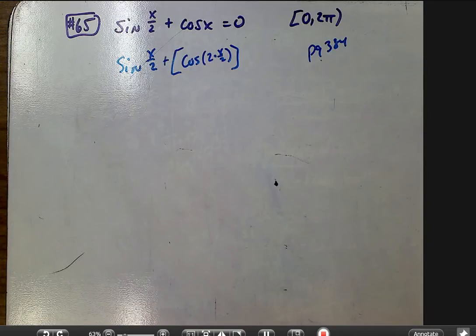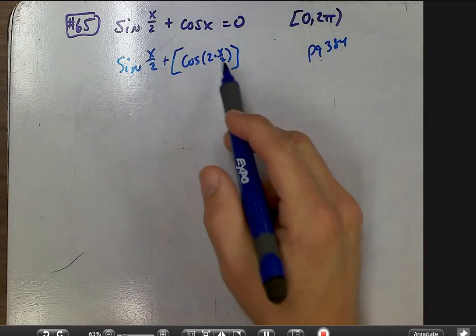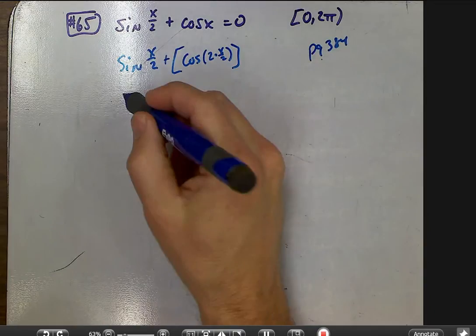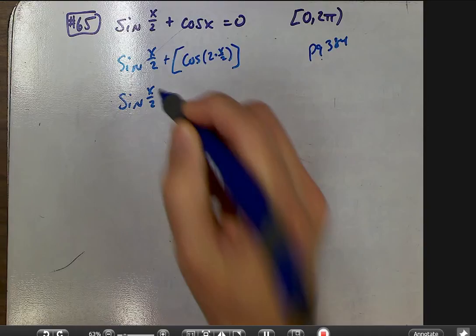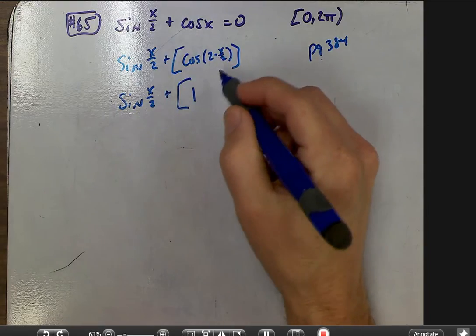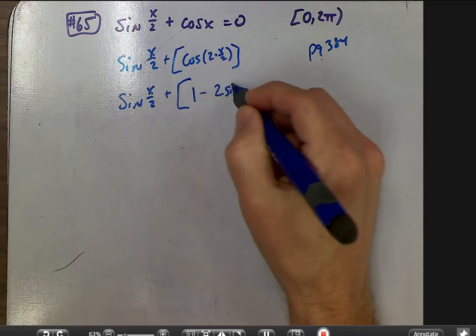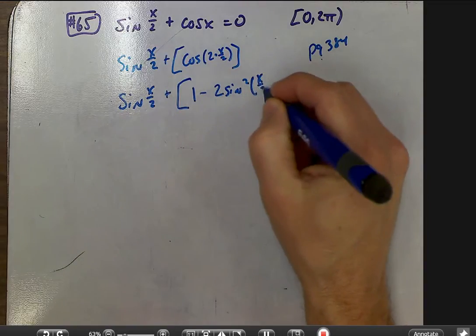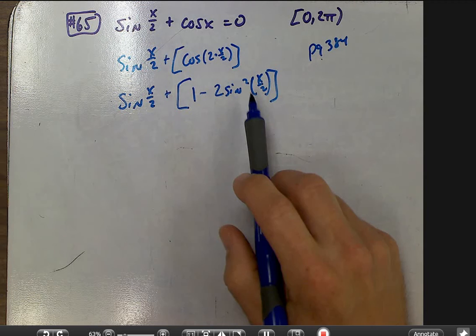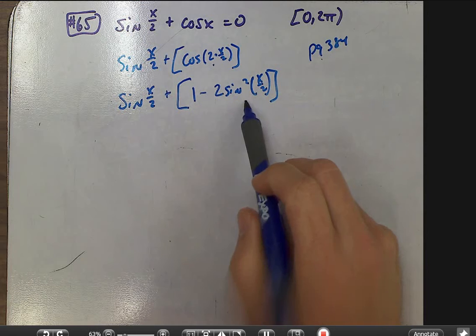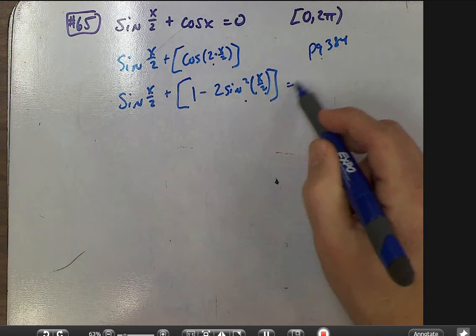And then I'm going to replace this with a sine type of thing. So I'll get the sine of x over 2 plus 1 minus 2 sine squared of x over 2. You need to look on your formula reference sheet to go from here to here. Okay? And that's still equal to 0.